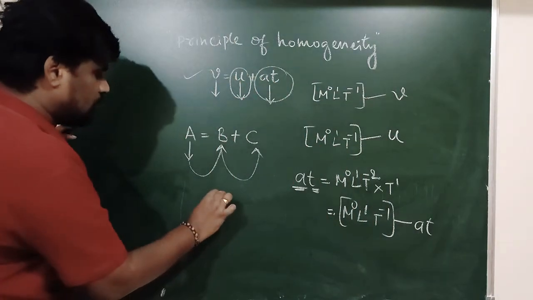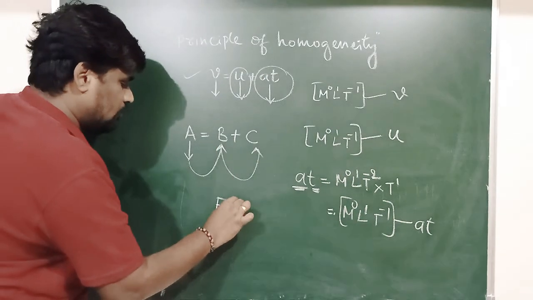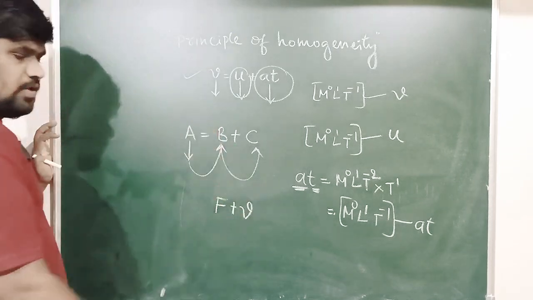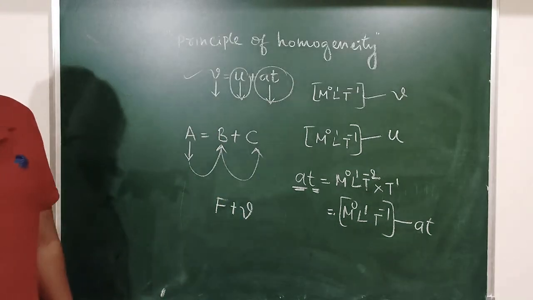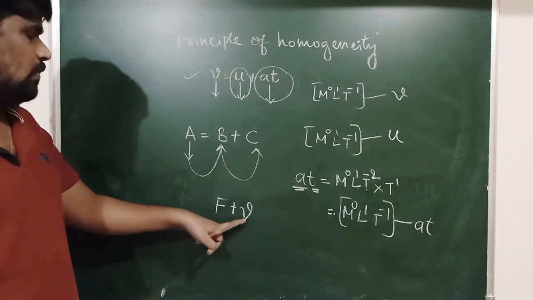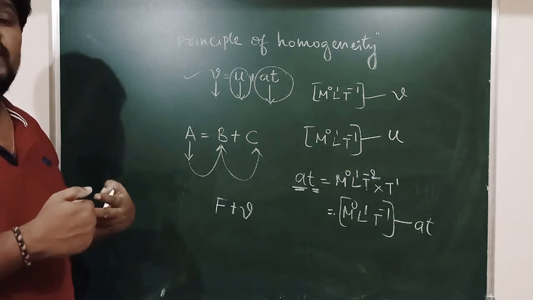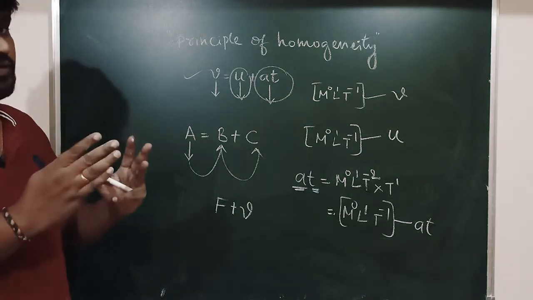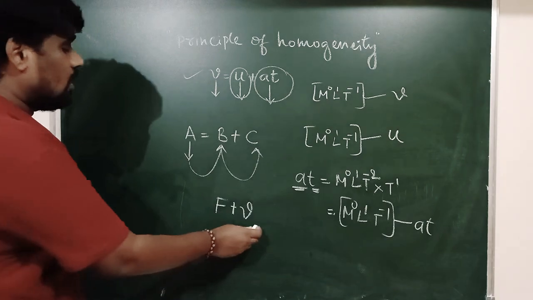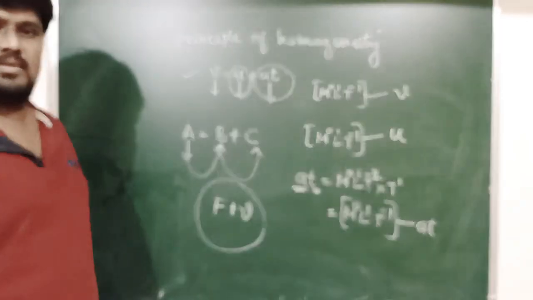Is it possible for you to add F and V? Answer is no. Why? Because force and velocity have different unit as well as different dimensions. That's why they cannot be added.